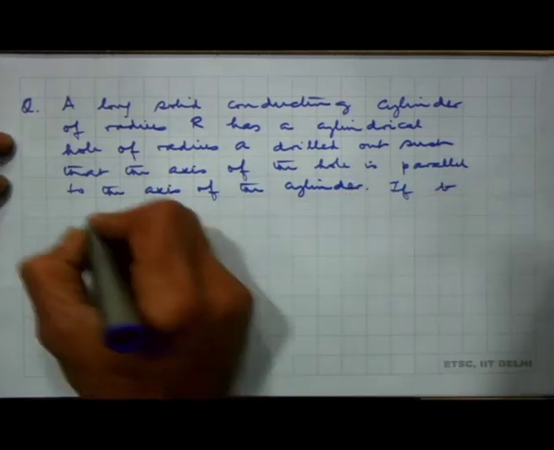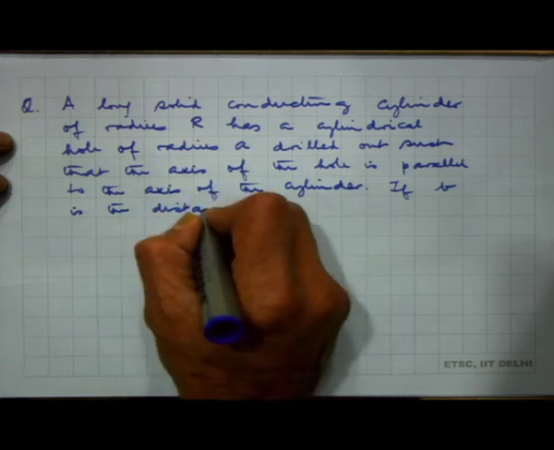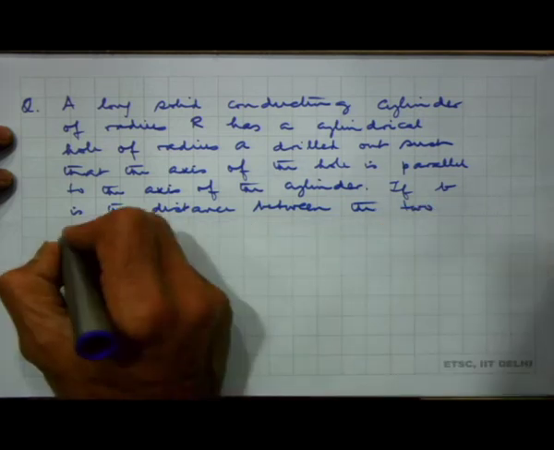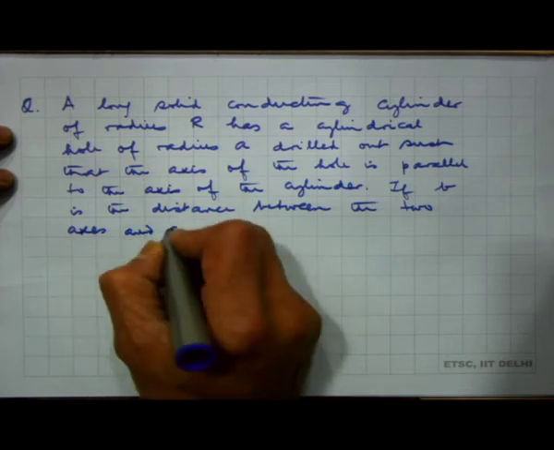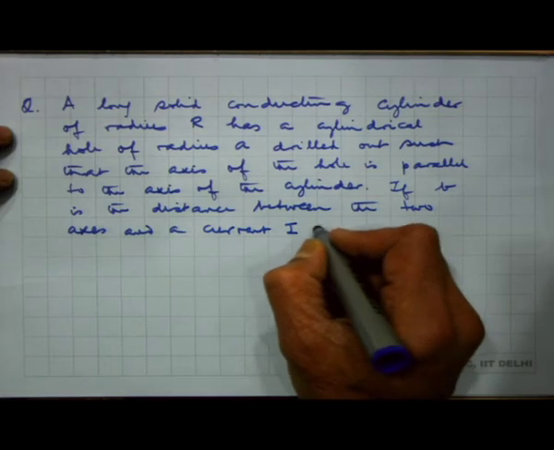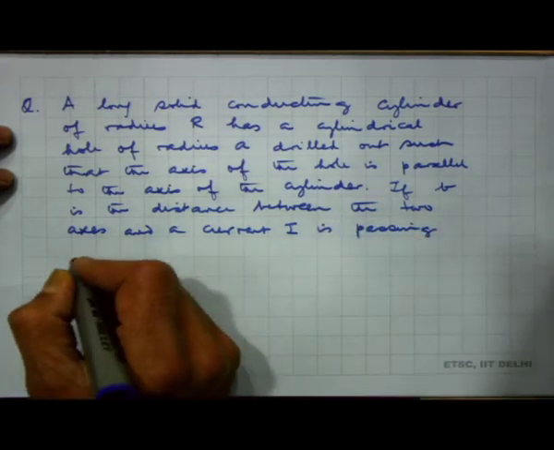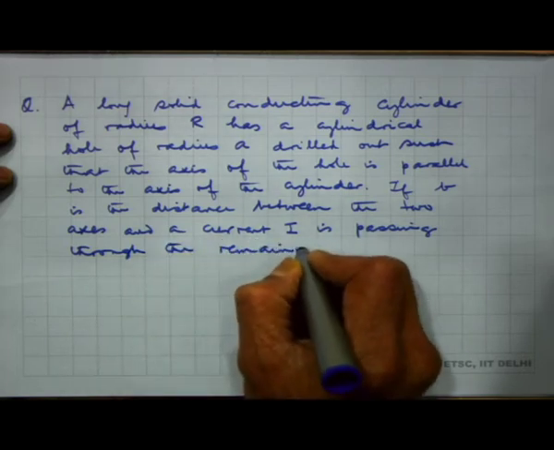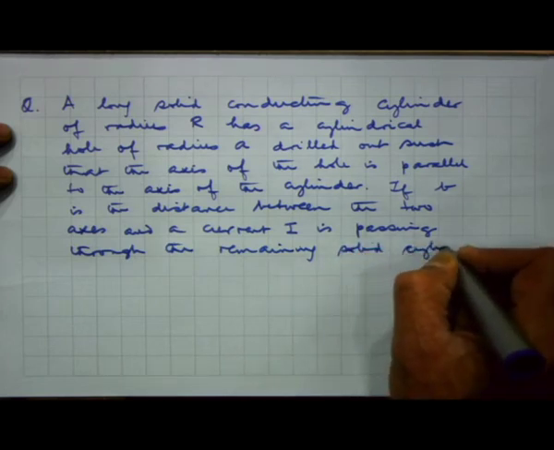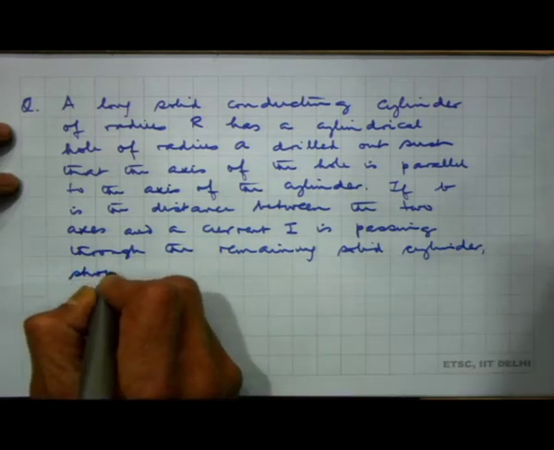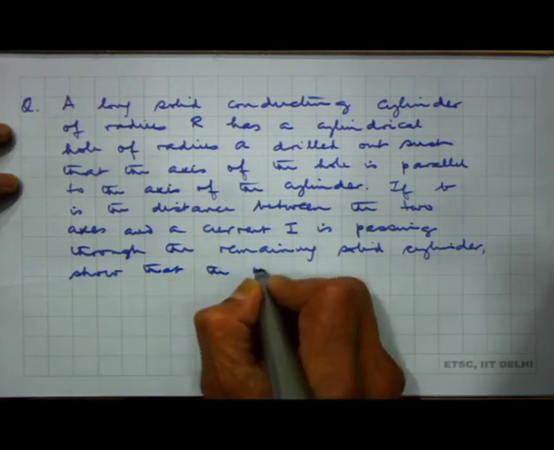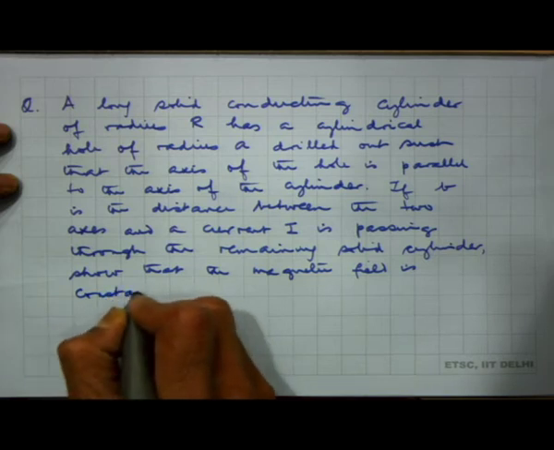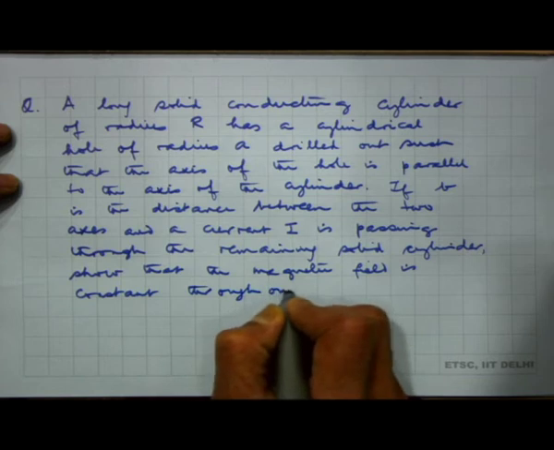If B is the distance between the two axes and a current I is passing through the remaining solid cylinder, show that the magnetic field is constant throughout the hole.